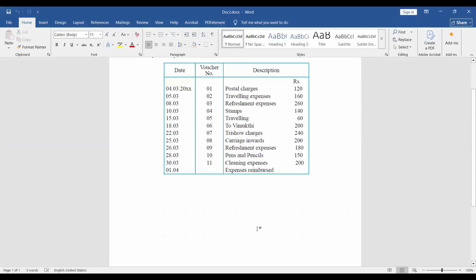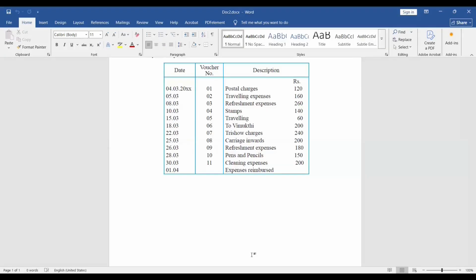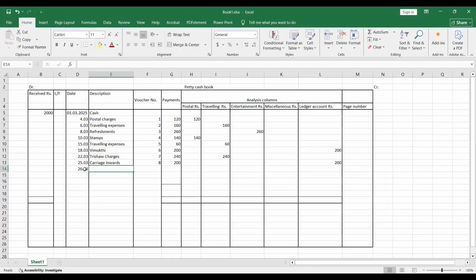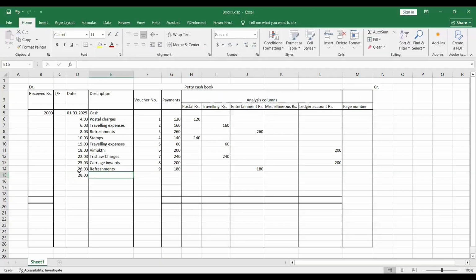25th of March, voucher number 8, carriage inwards 200. 25th of March, carriage inwards. As we discussed before, here we record this in the ledger account column. 26th of March, voucher number 9, refreshment expenses 180. 26th of March, refreshments, voucher number 9, 180, entertainment 180. 28th of March, voucher number 10, pens and pencils 150. 28th of March, pens and pencils, voucher number 10, 150.